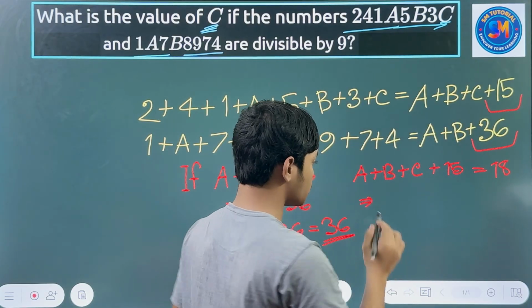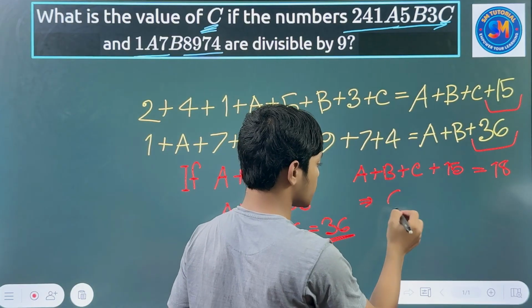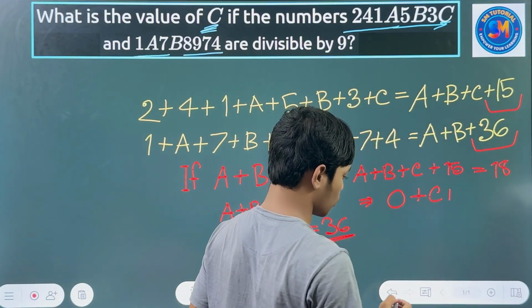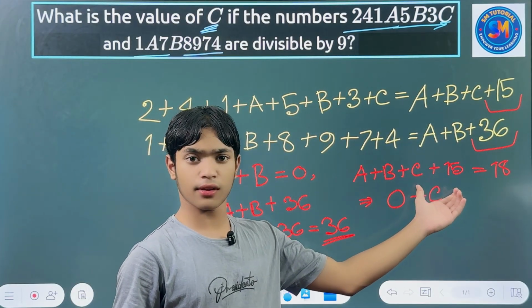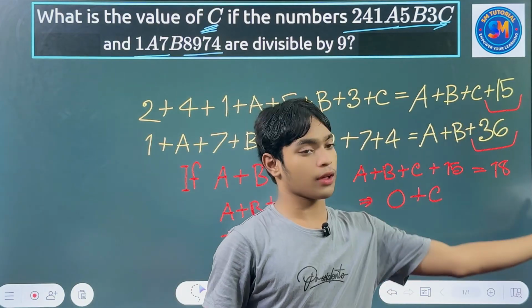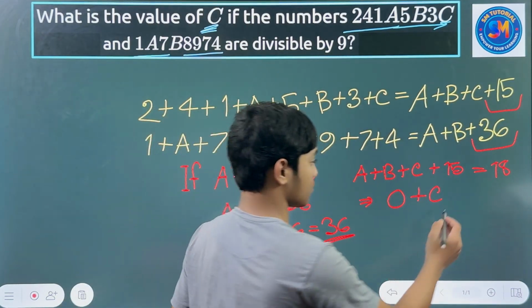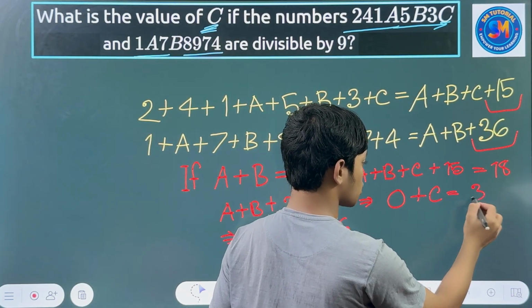So here you will write this. And don't you know the value of a plus b? Yes, of course you know, this is 0, and this is going to be c. If you put the summation on the right hand side and subtract from 18, what will this be? This will be 3.